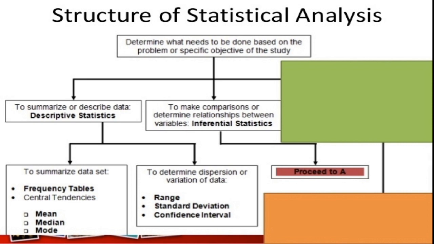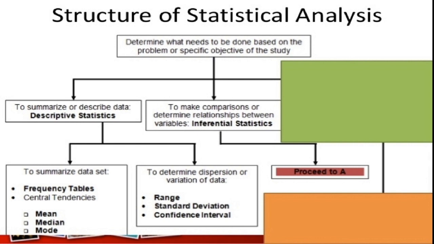First we need to determine what needs to be done based on the problem or specific objective of the study. To summarize or describe data, we need to apply descriptive statistics. To make comparisons or determine relationship between variables, we need to apply inferential statistics.